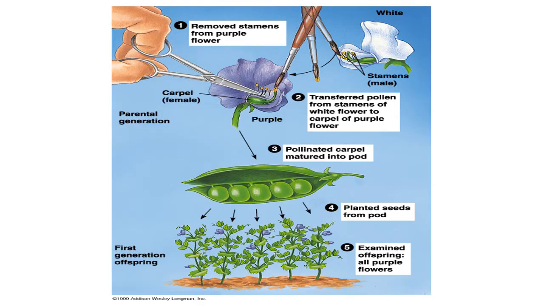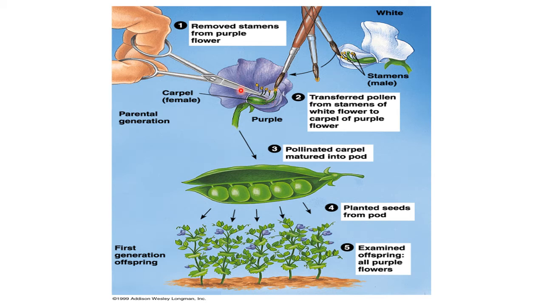Now, how he did this, here you guys see the stamen, the part that has this yellow bit right here. This is the stamen. And this part right here, this is the female part or the carpel.